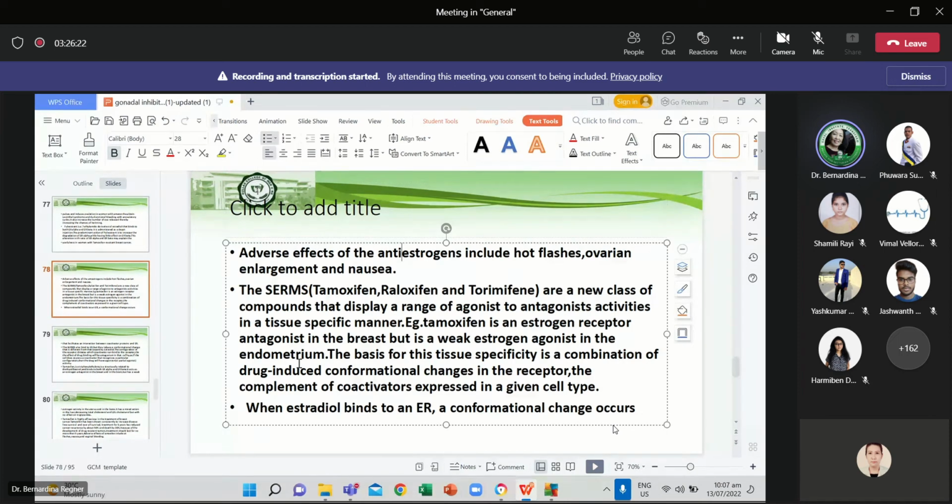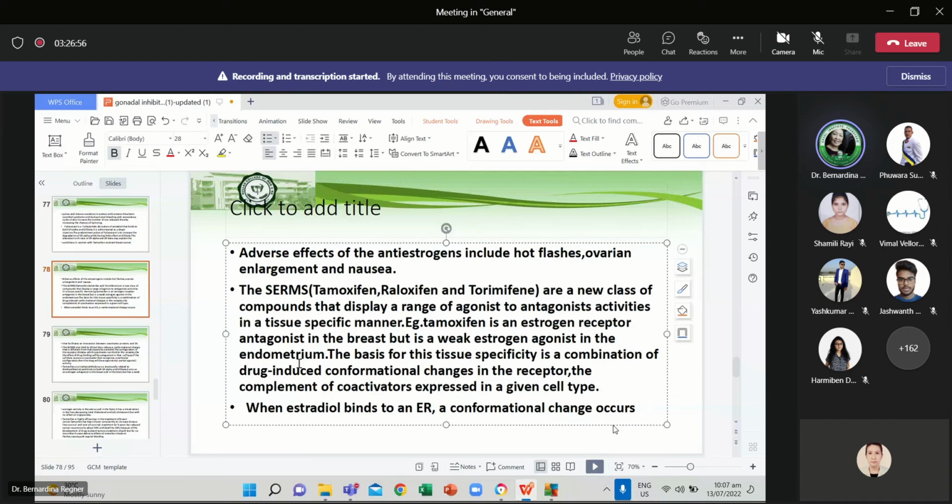So that's why they are termed tissue-specific. Therefore, you have a tissue specificity in the case of your SERMs. What is the meaning of SERMs? Okay. It is a combination of drug-induced conformational changes in the receptor and the complement of co-activators expressed in a given cell type, and that explains the tissue specificity.